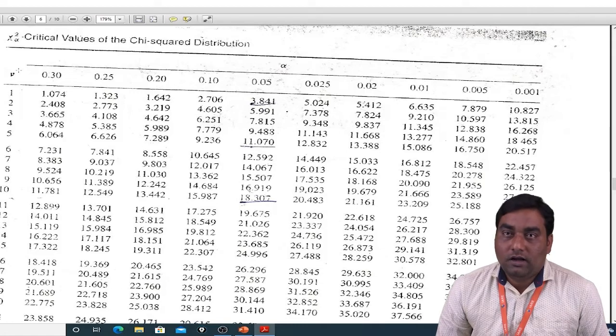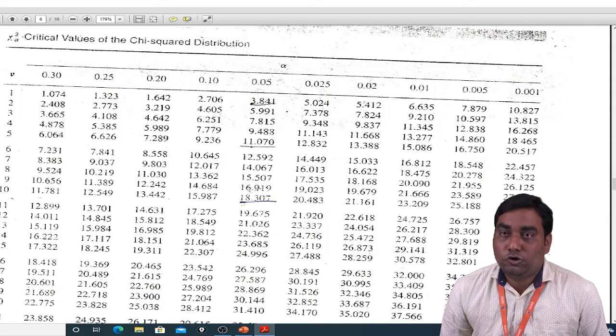How many degrees of freedom? 9 degrees of freedom, where degrees of freedom equals the number of independent variables, which is n minus 1. The number of observed frequencies is 10 minus 1, 9. The corresponding value is 16.919. So chi-square 0.05 at 9 degrees of freedom is 16.919.